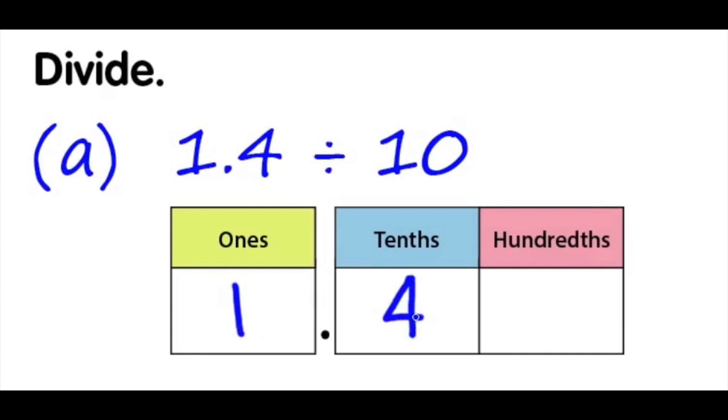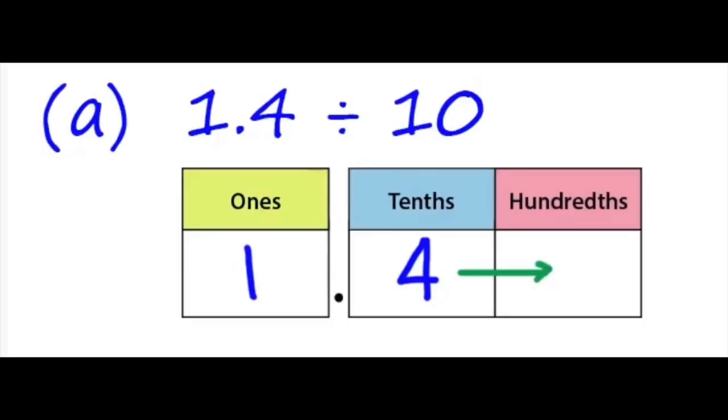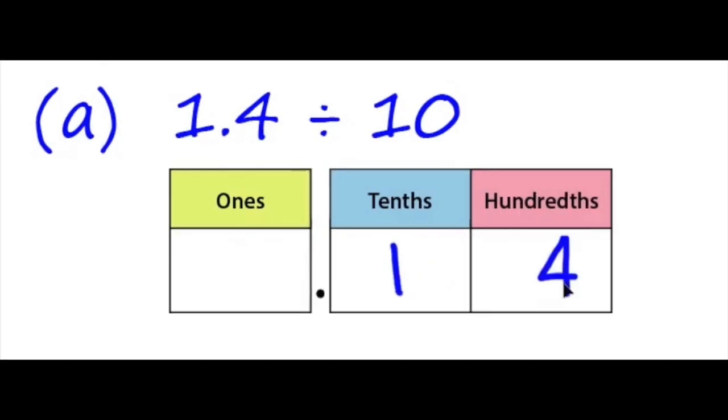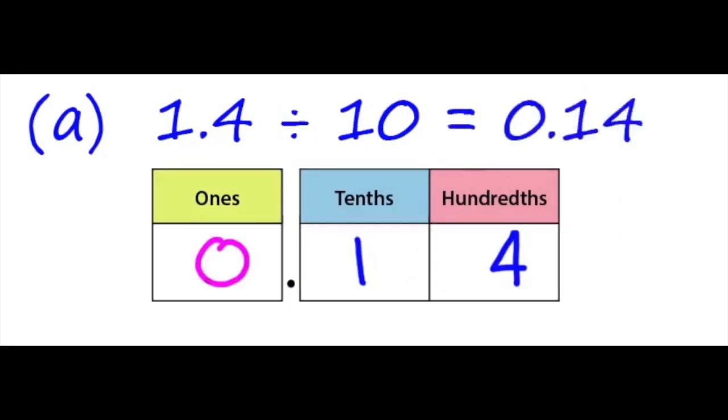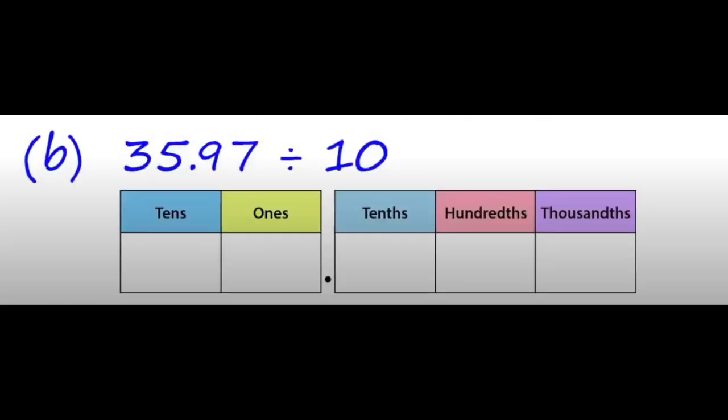And for now, what we have to do is we have to take those numbers, and because it's only by 10, we're just shifting them 1 place. So the numbers shift to the right, but what that means is the decimal is shifting to the left. And then we can just add a 0 in the 1 spot. So the answer to that question is 0.14.